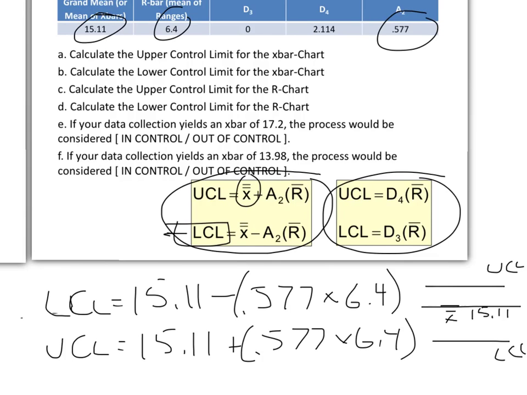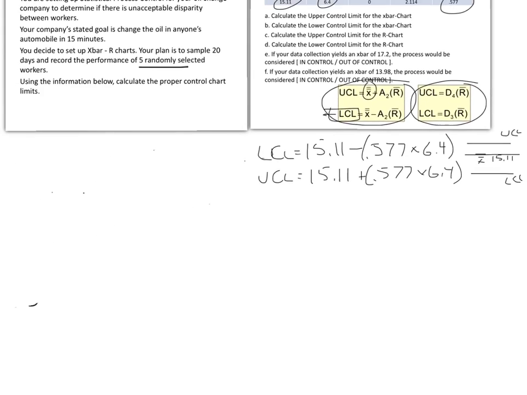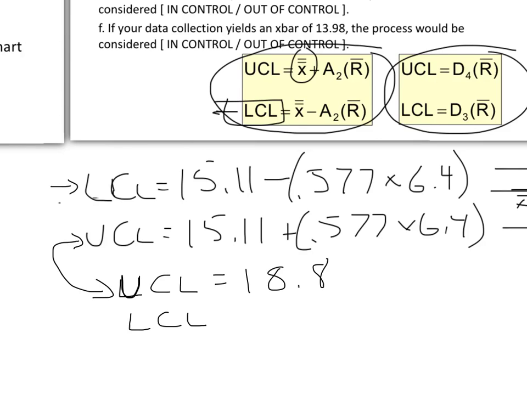So if we move down here, then we'll just finish calculating these. If we multiply all of that out, this is the result here: the upper control limit is 18.8, and then the lower control limit is going to be 11.42.